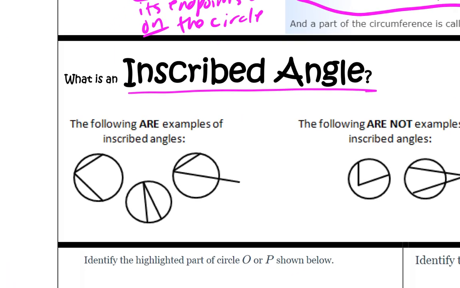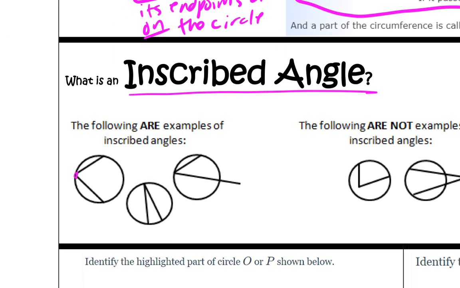If we look at these right here, the vertex of this angle is right there. It's on the circle. The vertex of this one is on the circle. The vertex of this one is on the circle. This one has a chord and this is a secant. These are two chords. But the main thing is that on an inscribed angle, the vertex is on the circle.